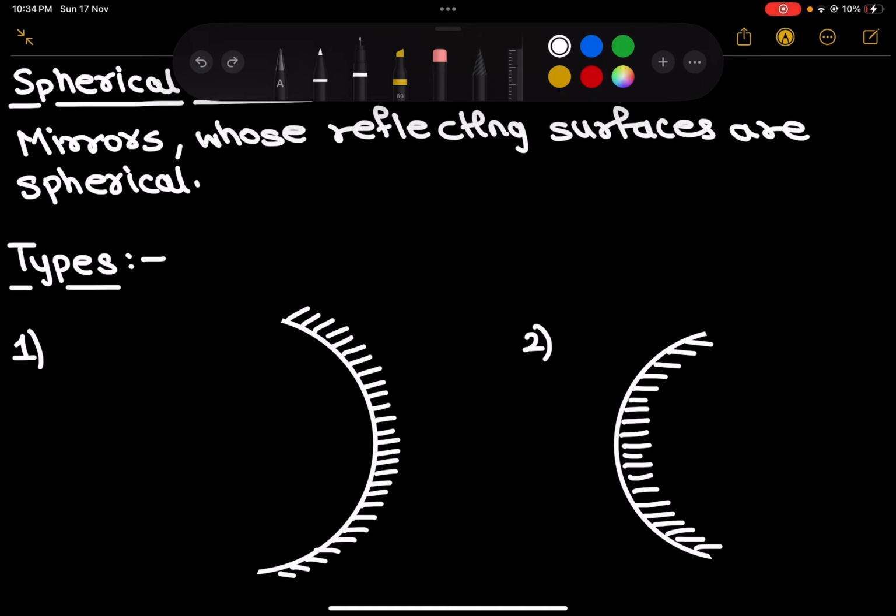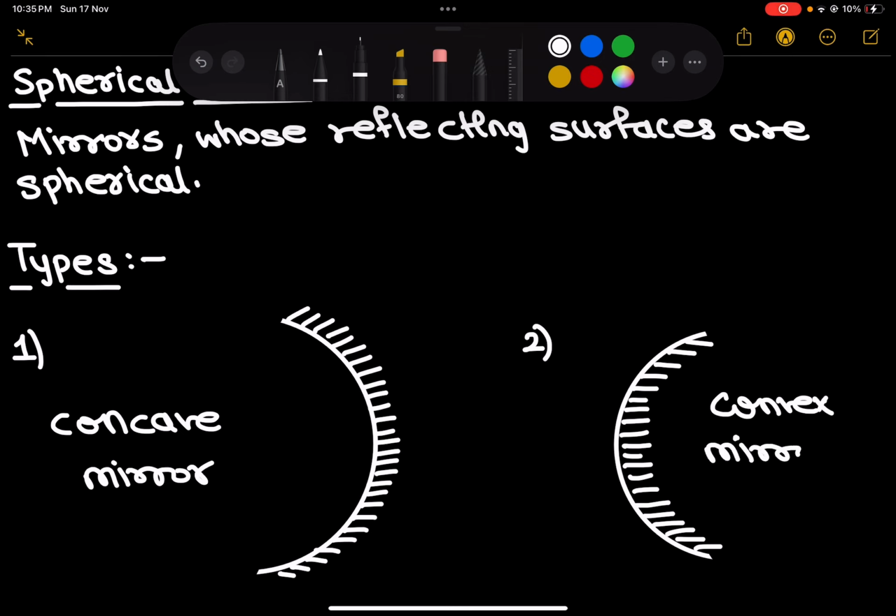So the first mirror is known as concave mirror, and the second mirror is known as convex mirror. So how to remember which is concave, which is convex? Easy, just remember one, you will remember the other.